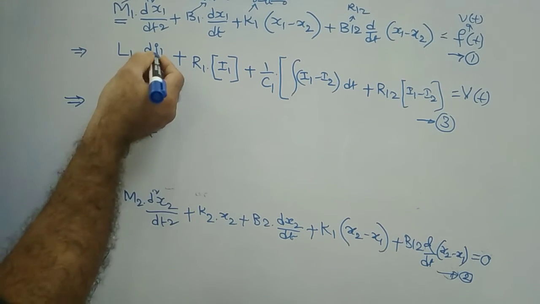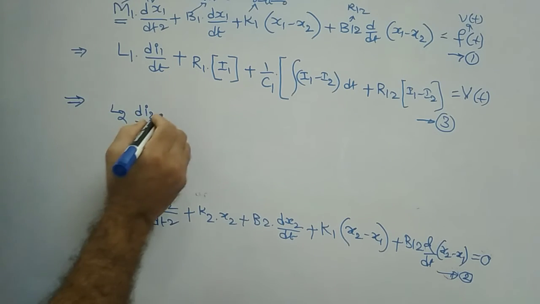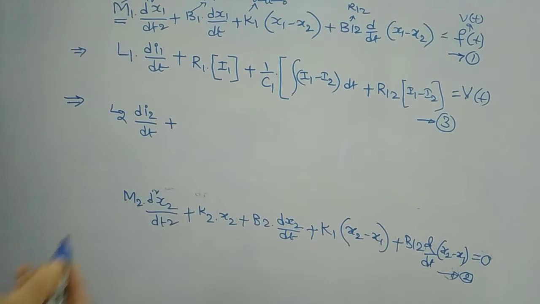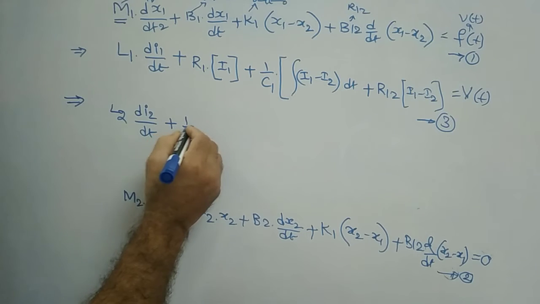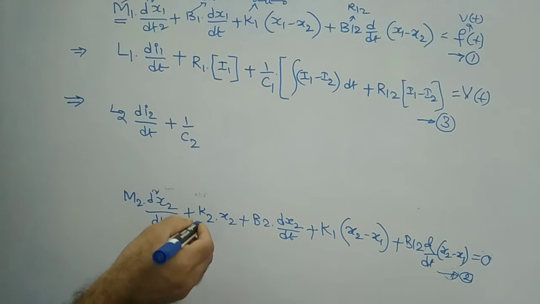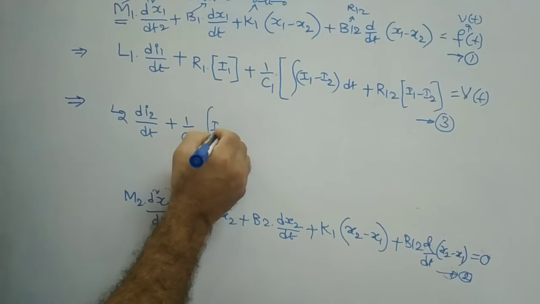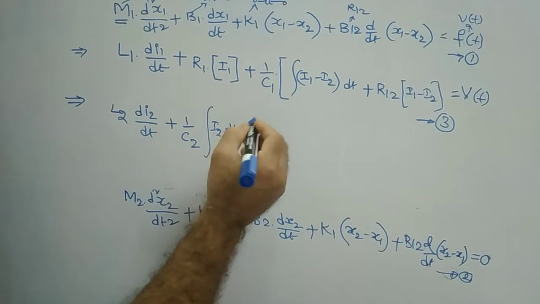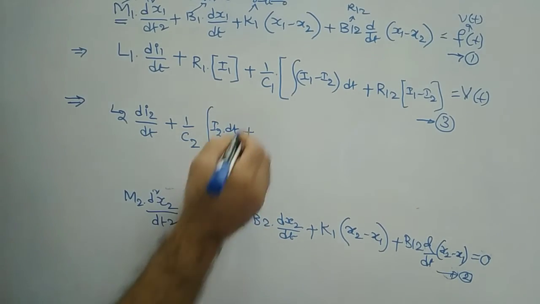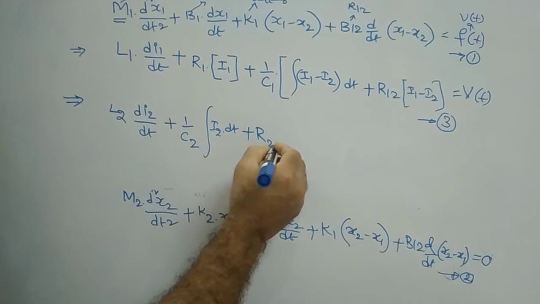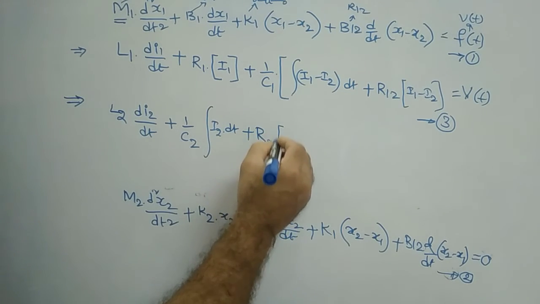You can write capital I or small i, nothing wrong in this. Okay, K2, what is K2? It is 1 by C2. What is X2? X2 is nothing but your integral of I2 into dt, plus what is B2? B2 is nothing but R2. What is dx2 by dt? It is I2, the current.